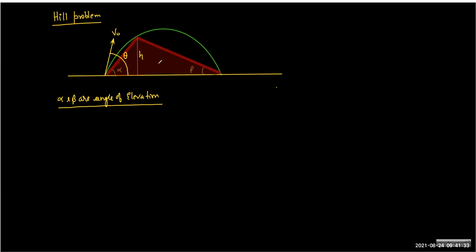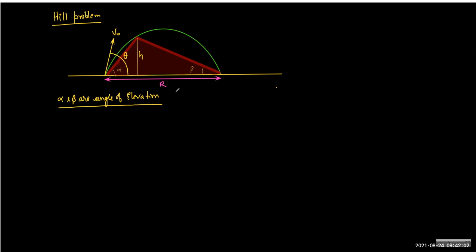Theta is what is being asked. What is interesting to learn here is that the range of the projectile must be equal to the base of the mountain. That is always there.